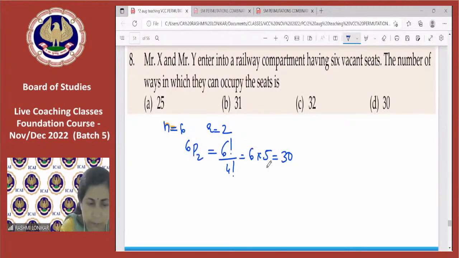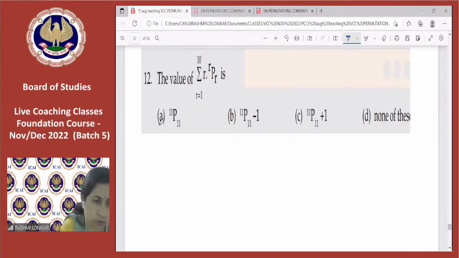Okay. The value of the summation of r into rPr, r going from 1 to 10, is how much? First, I will just show you by the expansion, because sometimes you don't understand this summation sign.